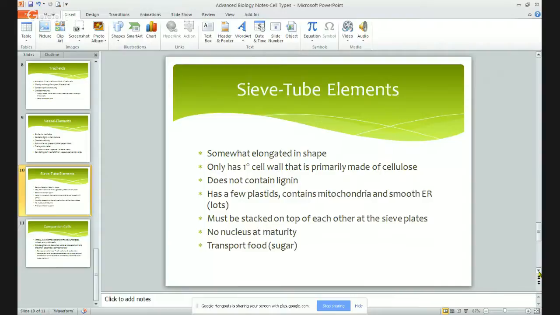Much like your tracheids, they have to be stacked on top of each other at the sieve plates. So if you look at the picture that I've drawn there of the sieve tube element, you can see the sieve plates.